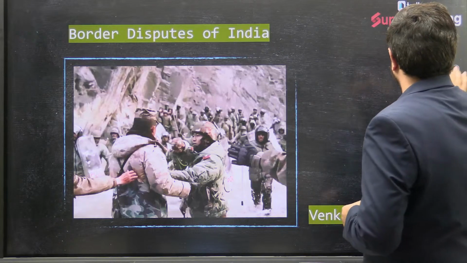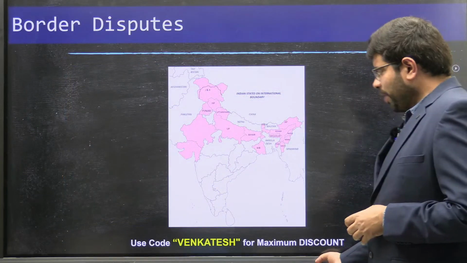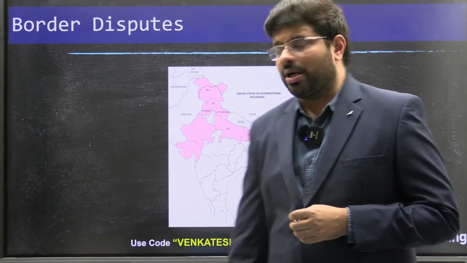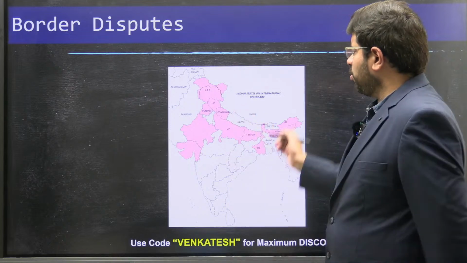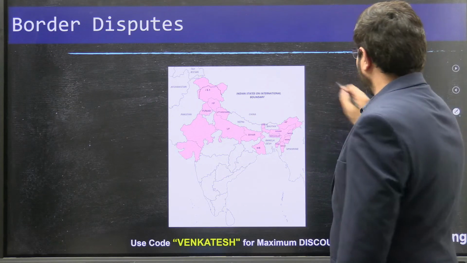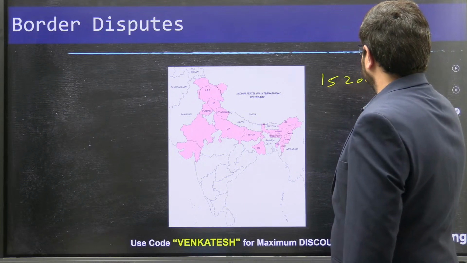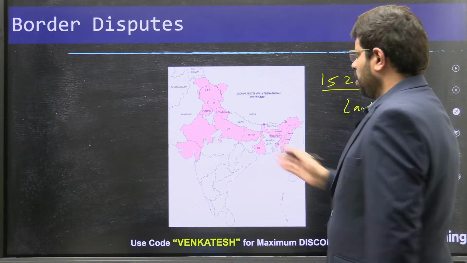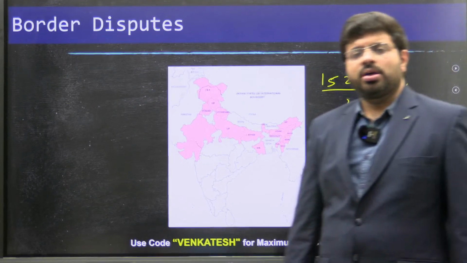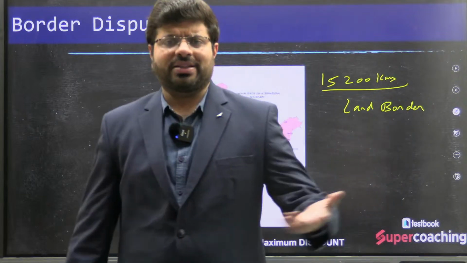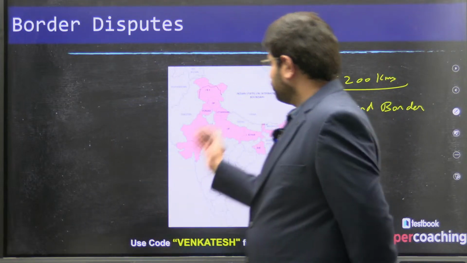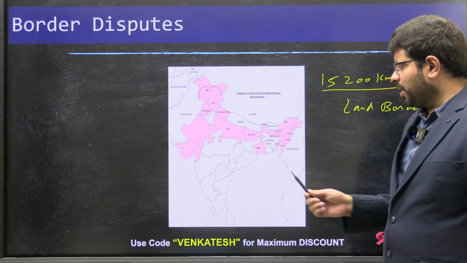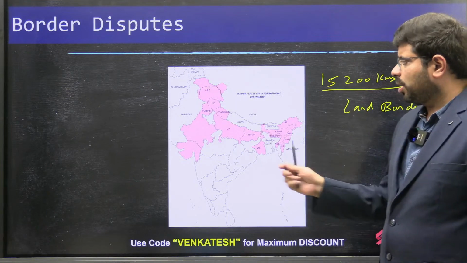For example, when you see India's border disputes, if you see India's long border line, we have almost 15,200 kilometers of land border, touching the union territories of Kashmir and Ladakh, and Himachal Pradesh, Uttarakhand, Sikkim, Arunachal Pradesh, Nagaland, Manipur, Mizoram, Tripura, Meghalaya.